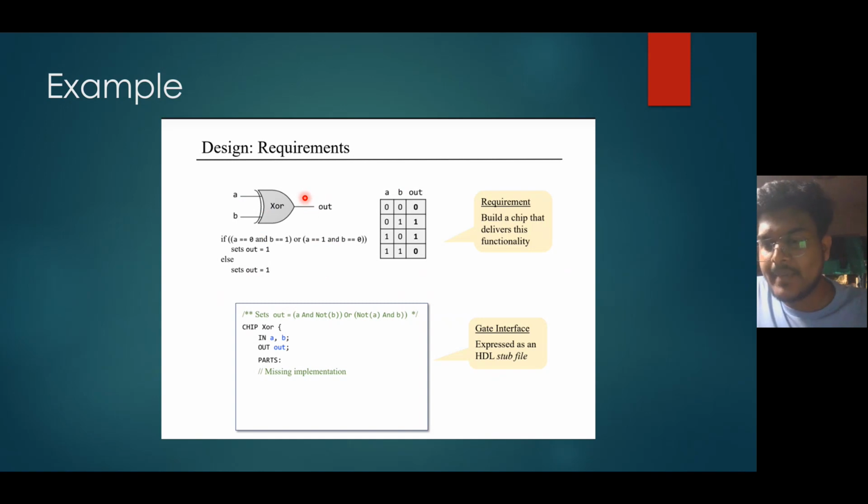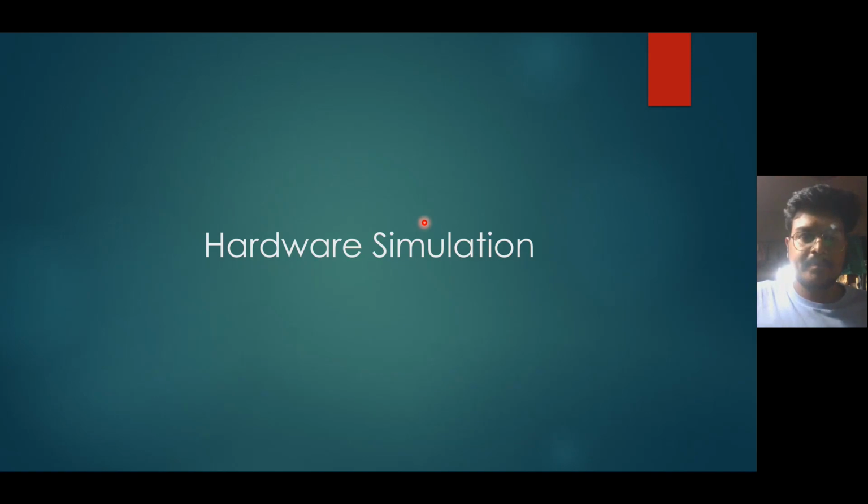An XOR gate returns a high output whenever the number of high inputs is odd. So for example, if A is 0, B is 1, then the output will be 1 because the number of inputs that are high is odd. Similarly, in the second case, A is 1, B is 0, the output is 1. But finally, in the last one, when A and B both are 1, then the output is 0 because the number of high inputs is actually even.